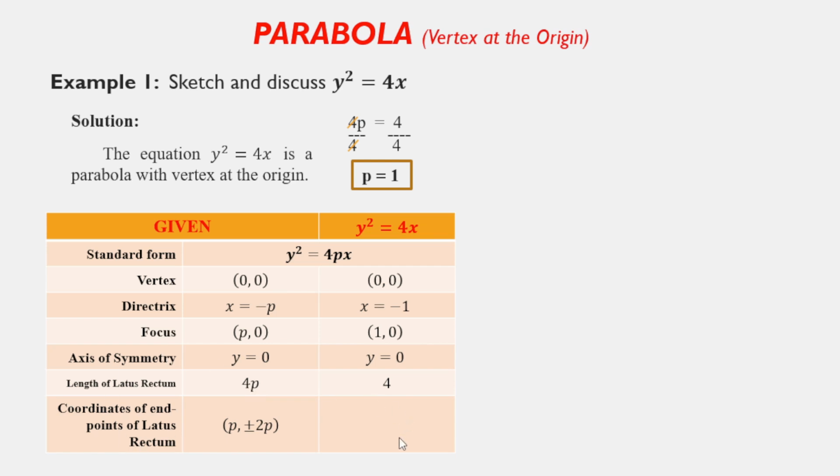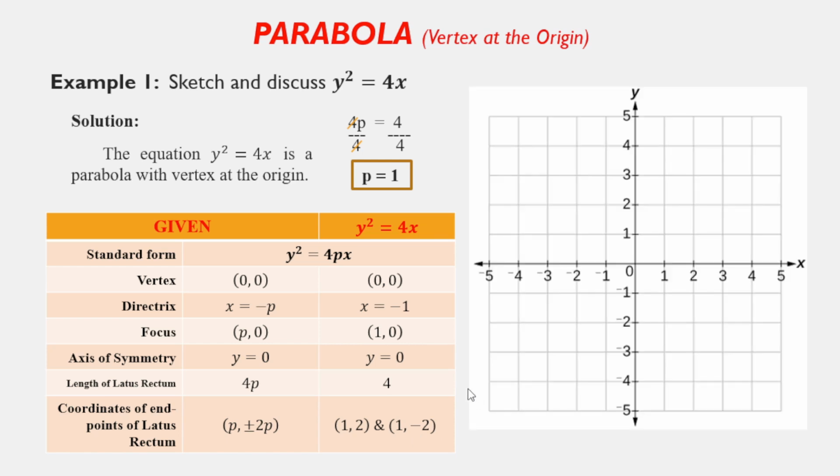And what are the coordinates of the endpoints of the latus rectum? Substituting the value of p, we have (1, ±2). To simplify further, the endpoints of the latus rectum are (1, 2) and (1, -2). So if we are going to sketch the graph of the given equation, y squared is equal to 4x, first we locate the vertex, then the directrix.